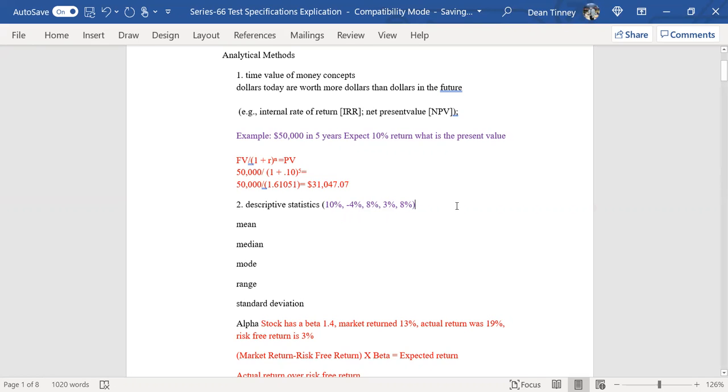Now, again, I would primarily want you to be able to just see the formula and pick that out of a lineup. I'm not really interested in whether you can do that math in terms of passing your exam, but I do want you to pick that out. I would like you to recognize that the internal rate of return sets that net present value at 0. Let's put that in a different color.